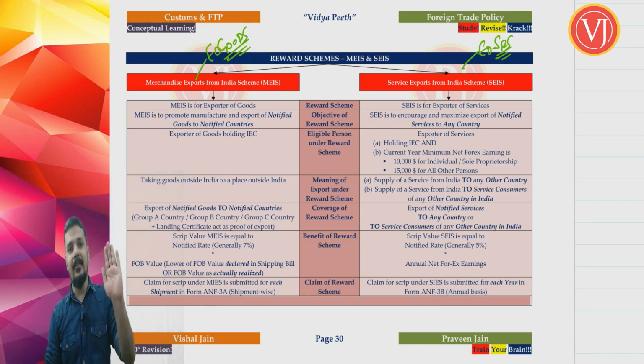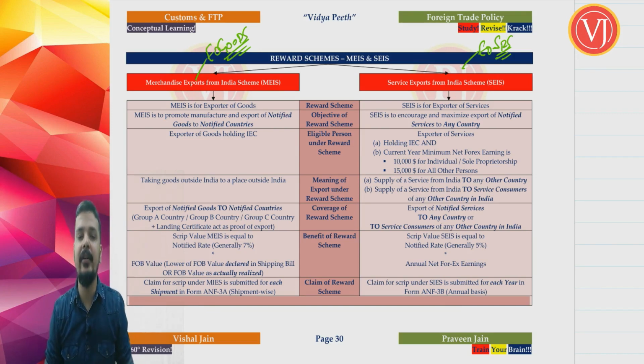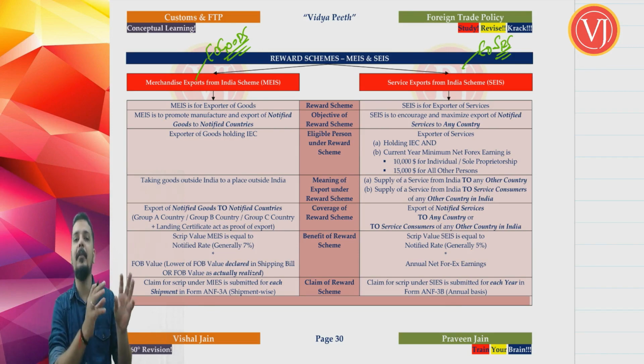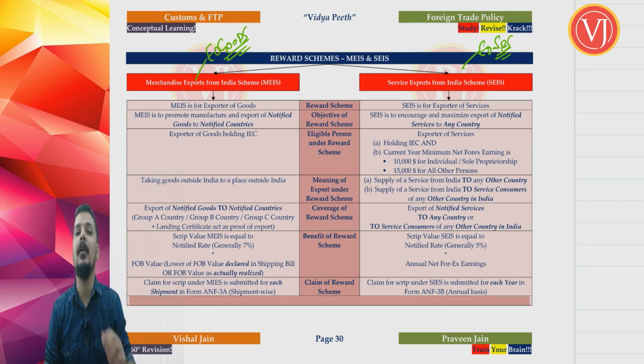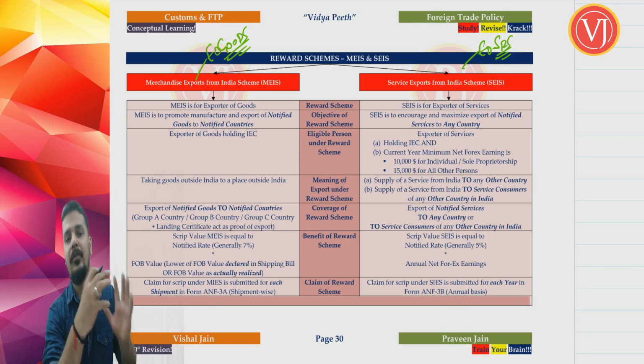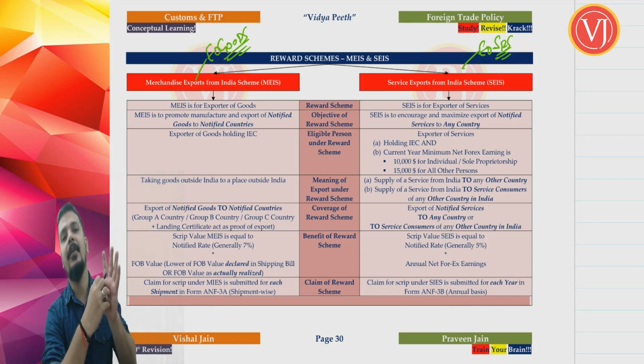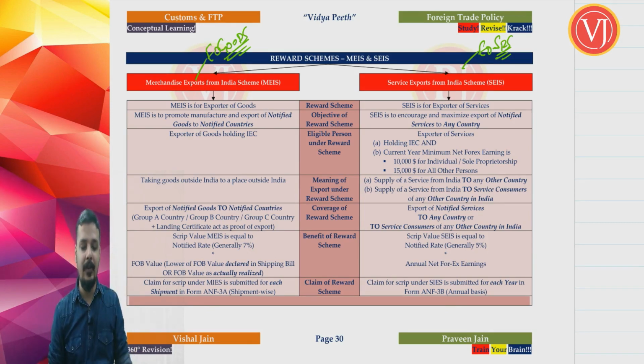And that incentive, friends, is given in form of a script. It will work like your credit ledger, just like your credit ledger which you had in your GST, and using that amount which is mentioned in the script, you can make the payment of customs duty. The script will have a value, and using that script value you can use it for payment of your customs duty. So that is the usage of the script.